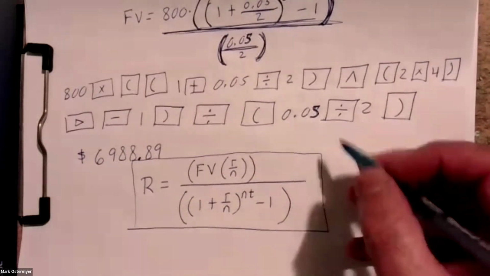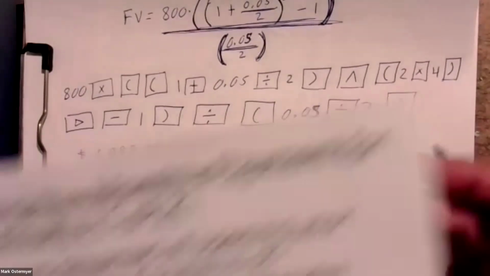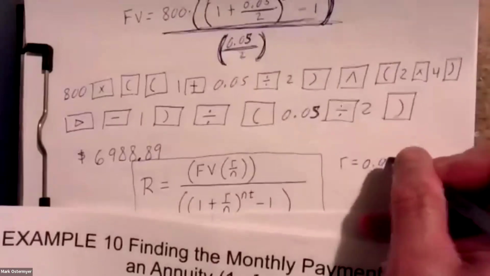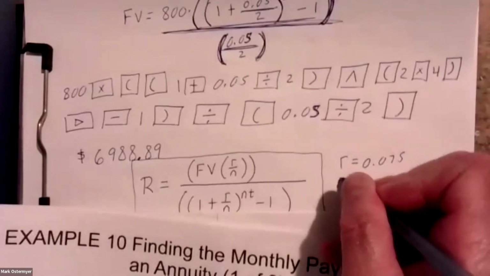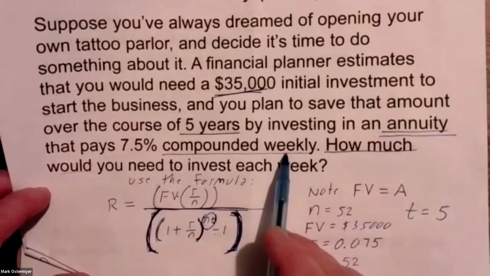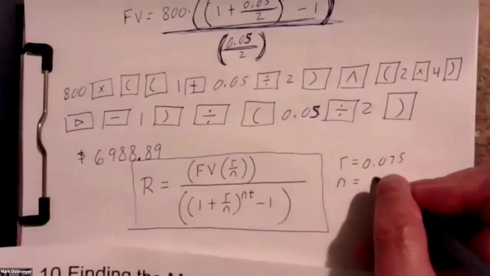So what is my lowercase r? My interest rate is 7.5%, which as a decimal is 0.075. N is the number of times per year the interest is compounded. It's compounded weekly. So how many weeks in a year? There are 52 weeks in a year. N will be 52.